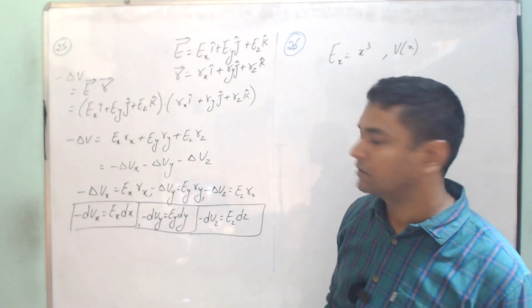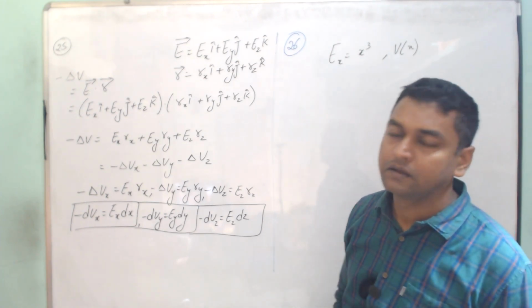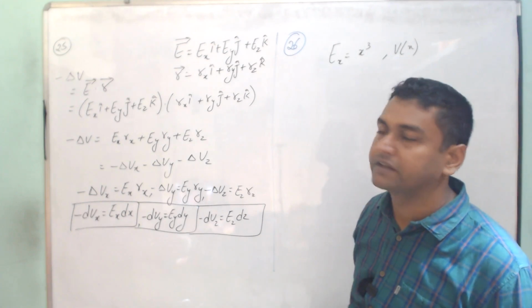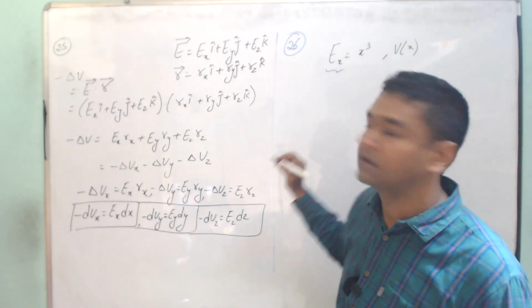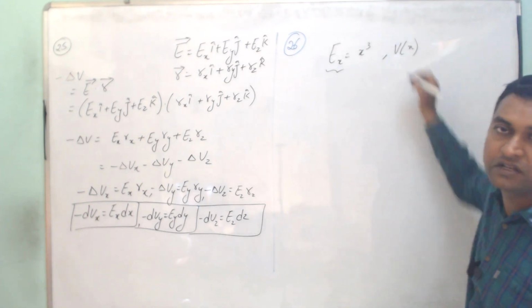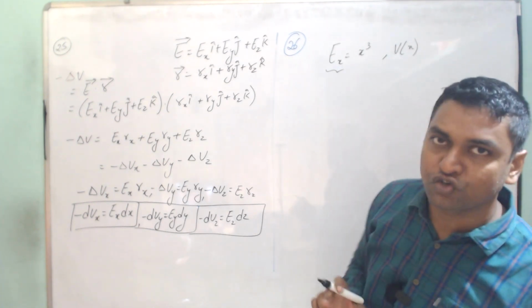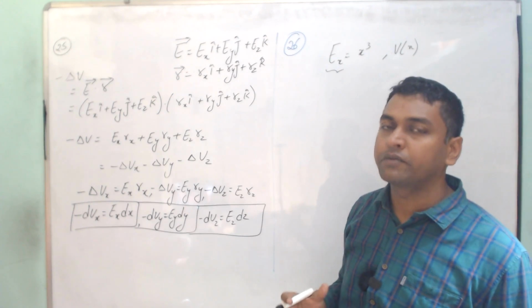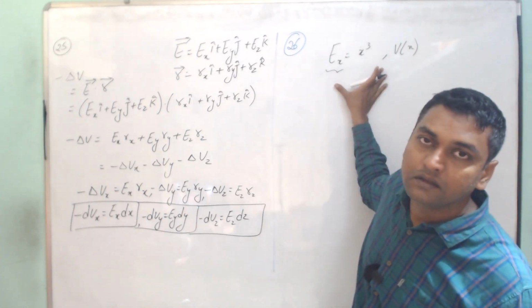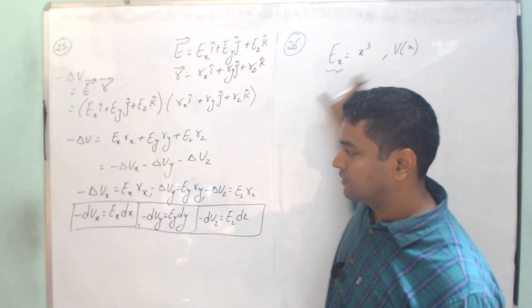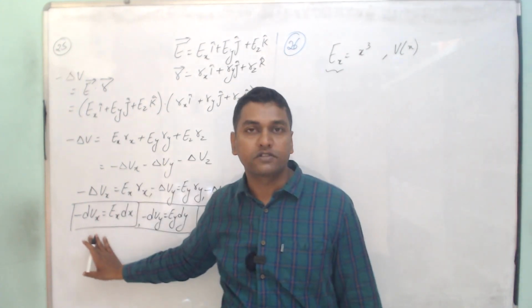Why, sir? I'll tell. Ex is given and he is asking me potential in terms of x, as a function of x. What I'm trying to say is that when such a thing is given, I know I have to go to calculus.